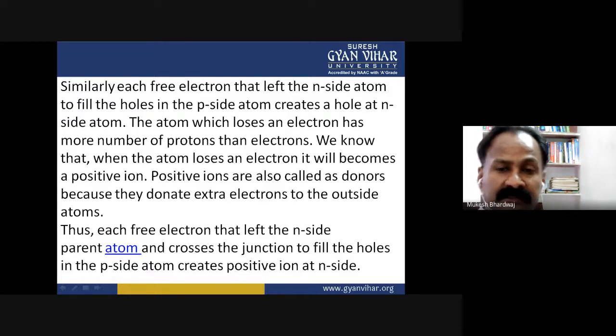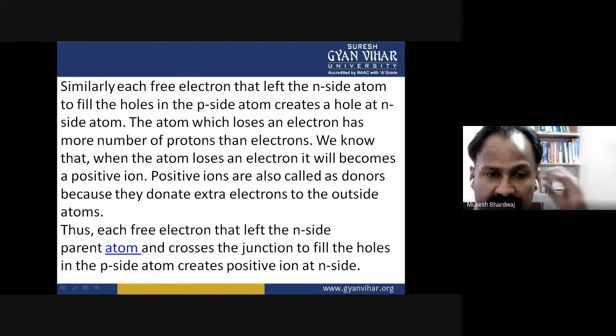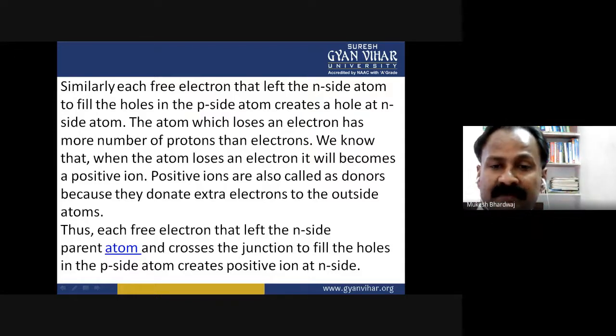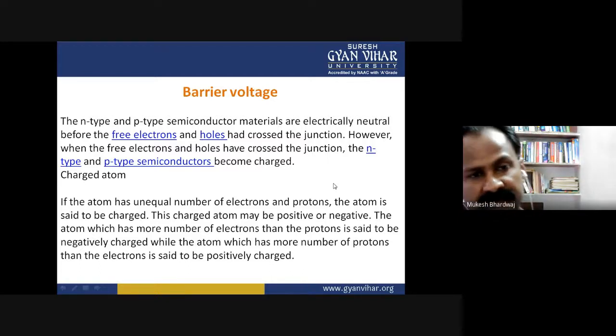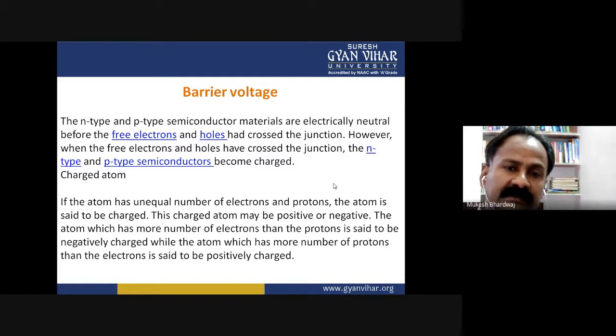Then this phenomenon obviously takes place, and as this phenomenon takes place, an electrostatic field is created at the junction. To understand this, let us now start with barrier voltage.